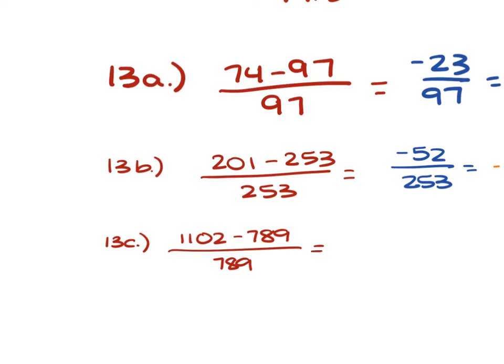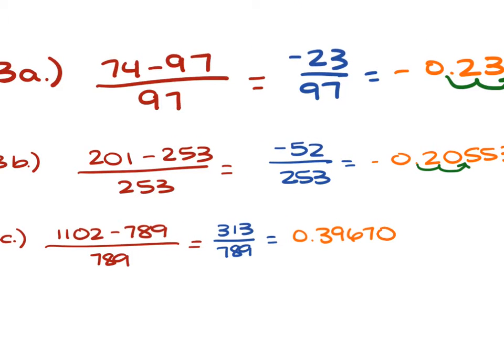When we do the 1102 minus 789, we get 313 over 789. From here we divide, and we get 0.39670. We move the decimal point 2 places to the right, we get 39.67%.